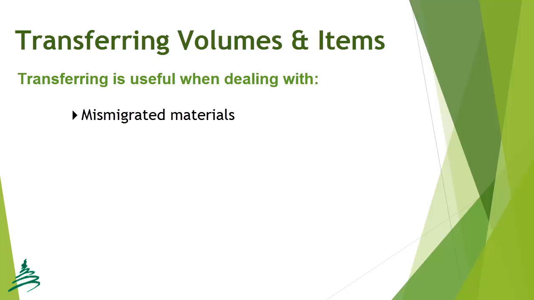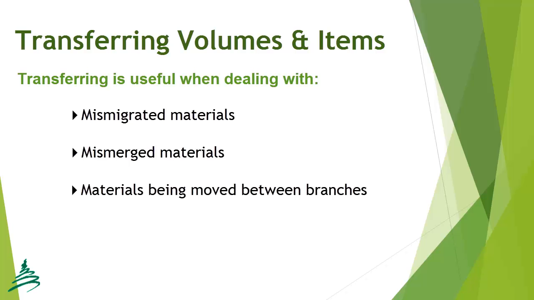Also, as Britta mentioned, sometimes there will be emails on the listserv about mismerged records, and again, that's a good time for transferring volumes and items. And if you have multiple locations, sometimes you decide you want one of your locations to own an item and not the other one, so you want to be able to transfer them between your individual locations.